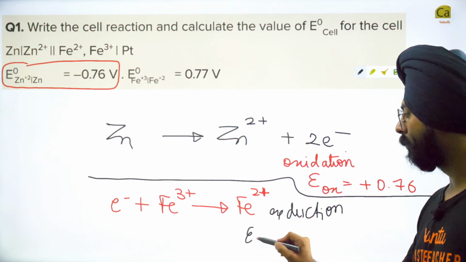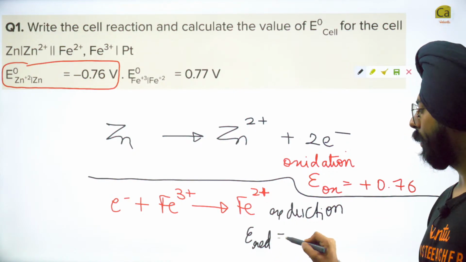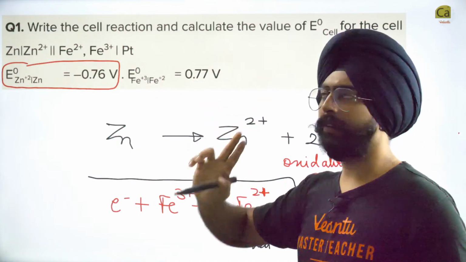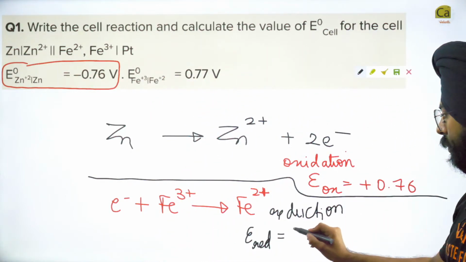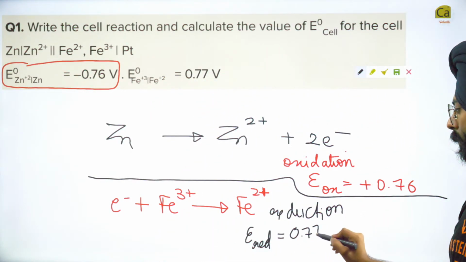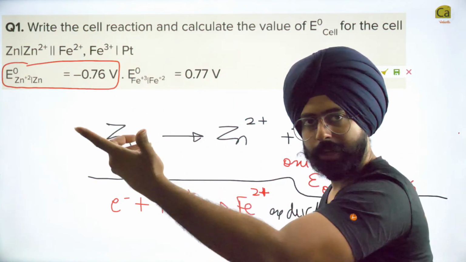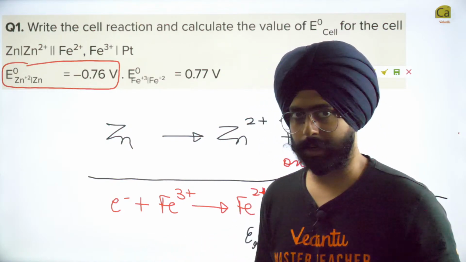And what is the electrode potential of reduction? It is already given to you. Fe3+ when it goes to Fe2+, 0.77 volts. So my dear friends, this can be the oxidation half and this can be the reduction half.